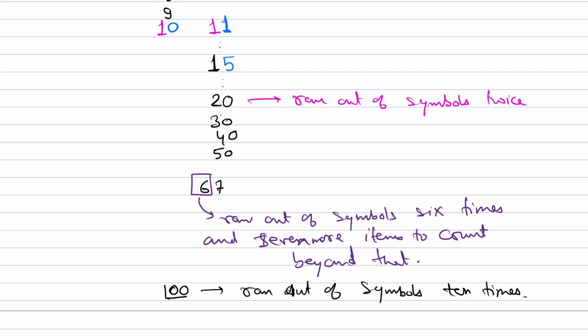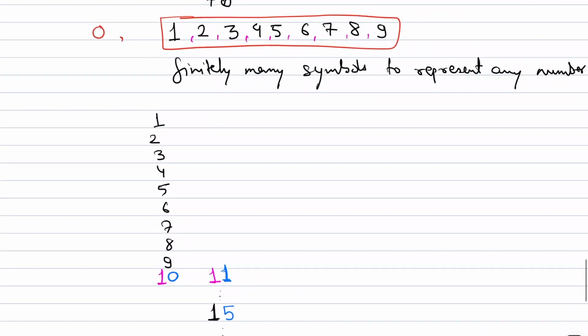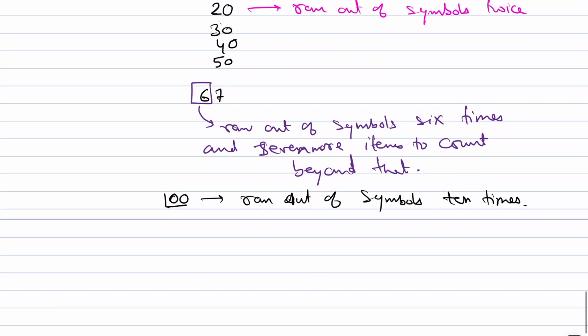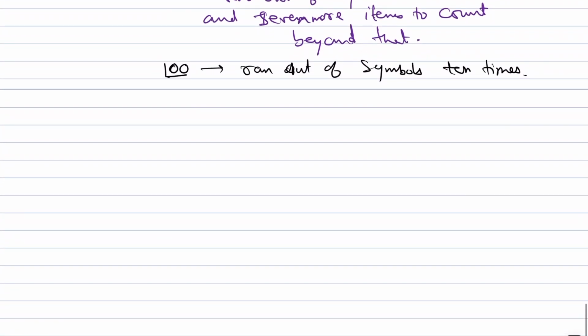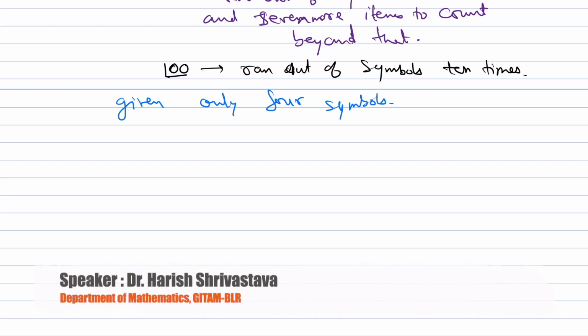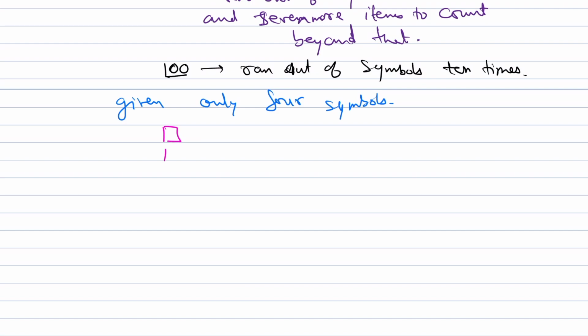Okay, let us have some practice and try to develop our own numeral system. Suppose I am given only 4 symbols, and I need to keep a tally of the count using those 4 symbols. Suppose those 4 symbols are a box, a star, a cross, and an asterisk.